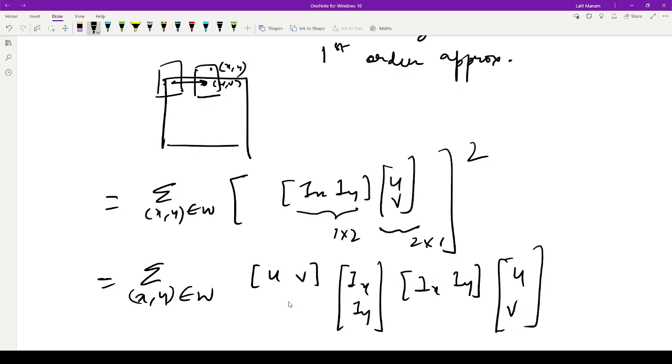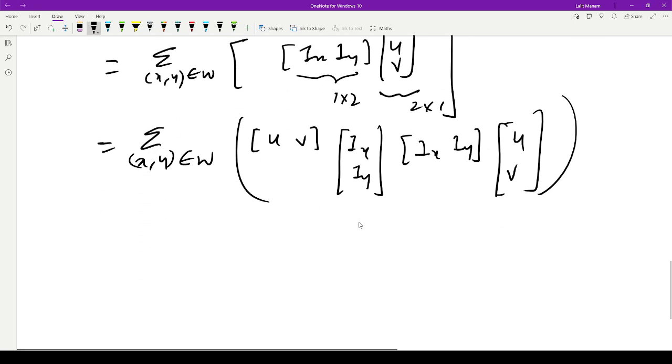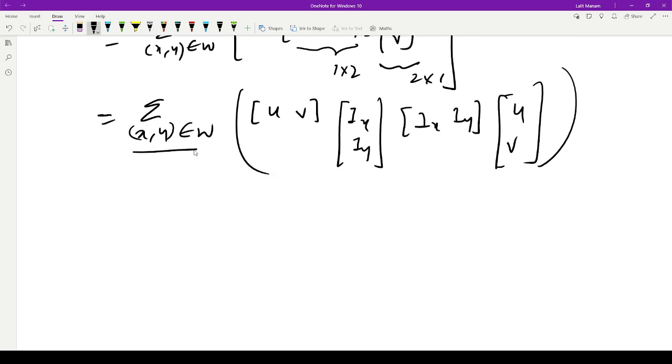Are you clear about this expansion? Yes, sir. Great. So since this summation only depends on x and y, we'll take this summation inside, and it will look something like this.